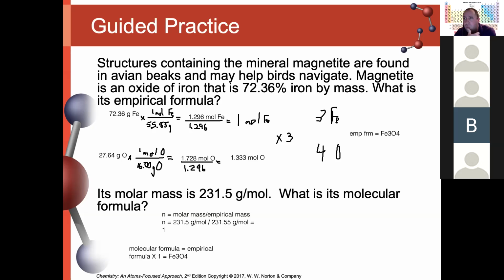Okay, so what we'll be doing tomorrow, we're actually going to be starting into chapter 3, and if you look at your post-lecture for overnight, you're going to see that there's going to be some empirical and molecular formula problems in there. This is on SmartWork. There will also be a little bit in there about light.